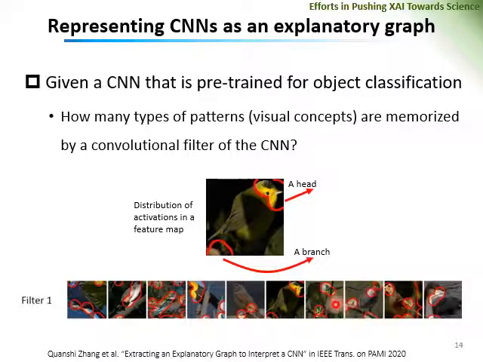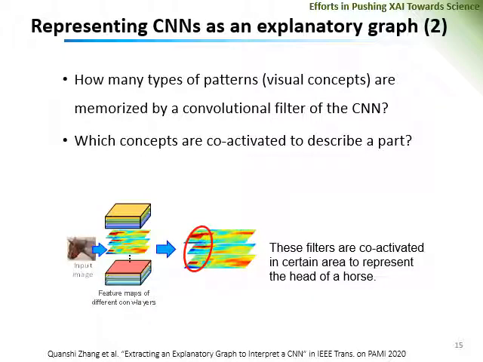This image is sometimes triggered by the tail, partially triggered by the tail, partially triggered by a branch. So you know that a single filter usually encodes a mixture of representations. It encodes a mixture of visual concepts. So the core issue is how to disentangle different visual concepts from a single filter.